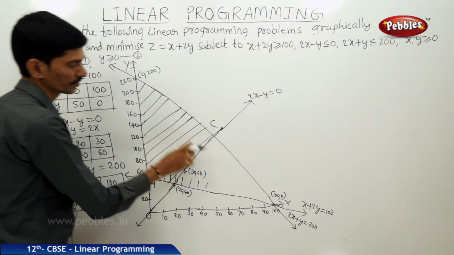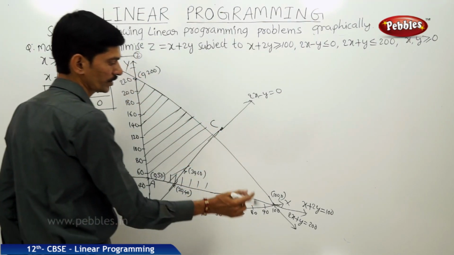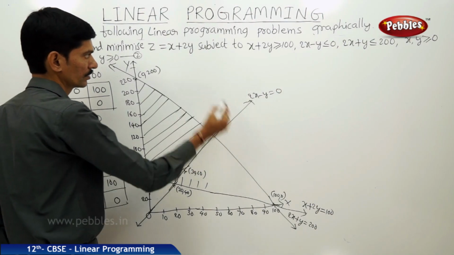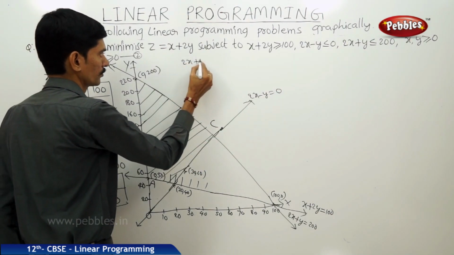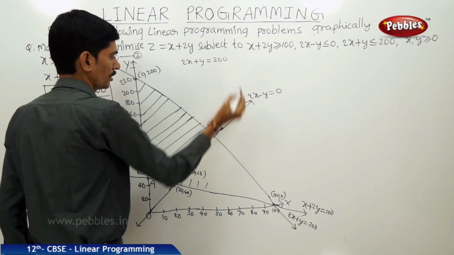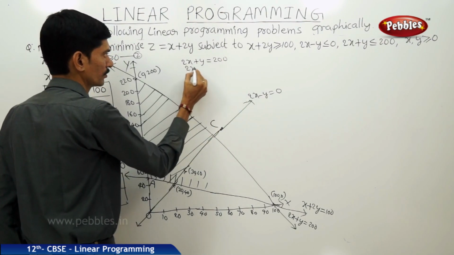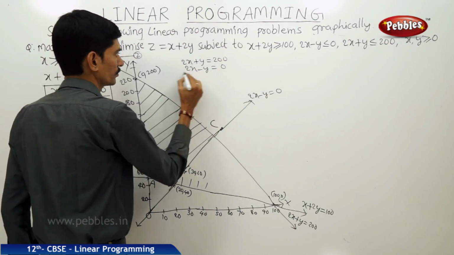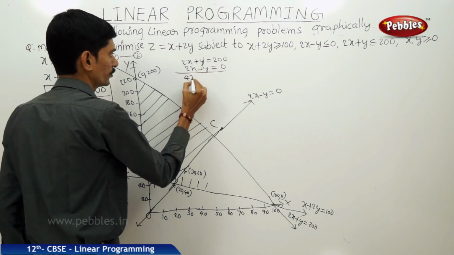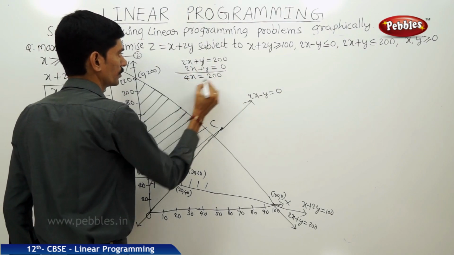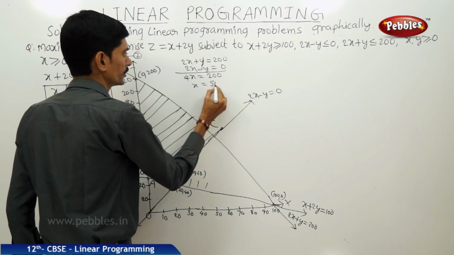So that is 2x plus y equal to 200 and 2x minus y equal to 0. 4x equal to 200 and x equal to 50.